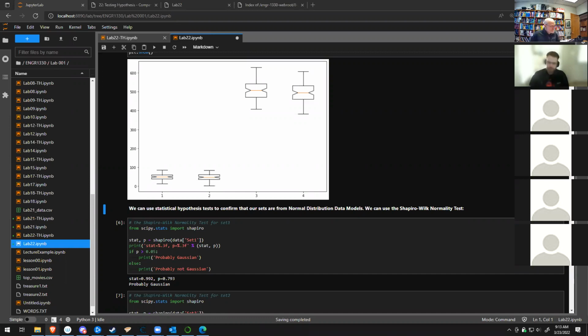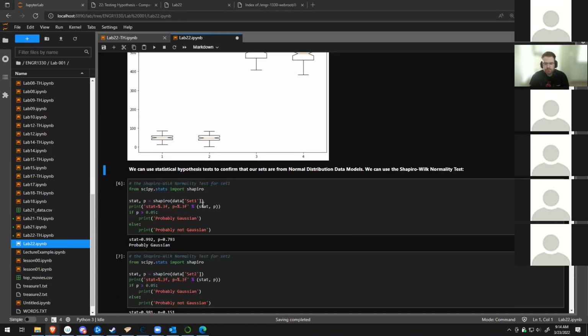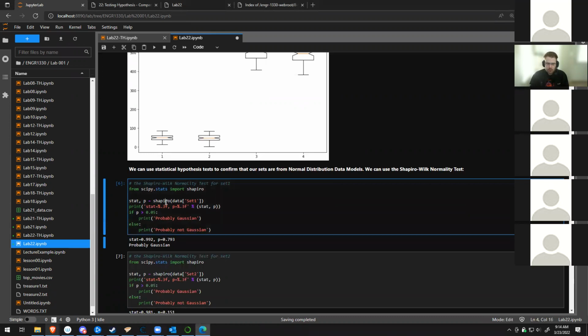Okay. So we're going to use a normality test, and it's called the Shapiro-Wilk test. It's just named after the people who came up with it. What it's going to do is look at set one and say with 95% confidence that this is either a Gaussian or not Gaussian distribution.